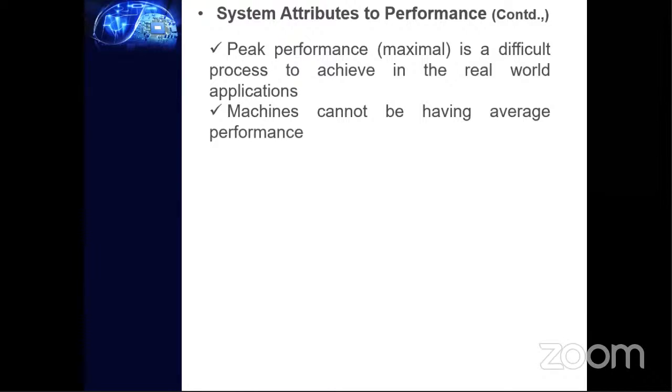We first expect the ideal performance, where the machine has to produce the result very fast. That is not possible. So what about the next case? Next we come to the average. The machine is not producing the result very fast, but at least it has to produce the result within the allotted time. Even to a certain extent, we cannot expect that average performance either.